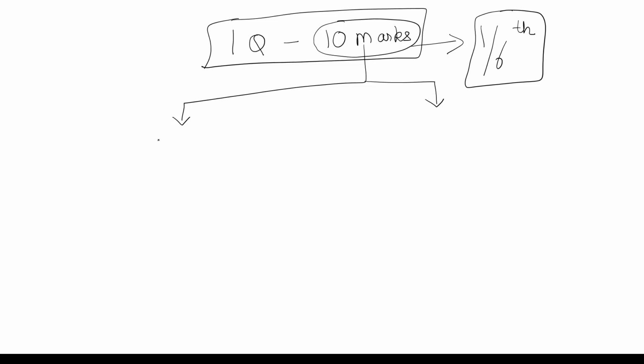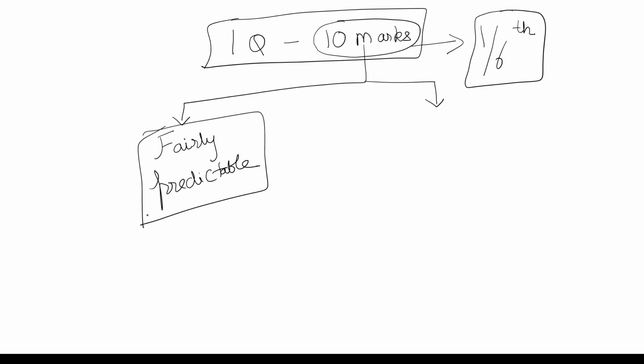The first point is that the questions that you can expect from this topic are fairly predictable. Now, what I mean by this is that if you look into the past exam question papers and analyze the questions that come from this topic area, you will understand that the questions get repeated.